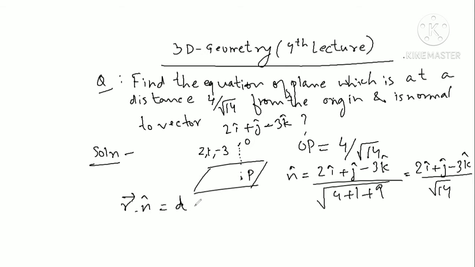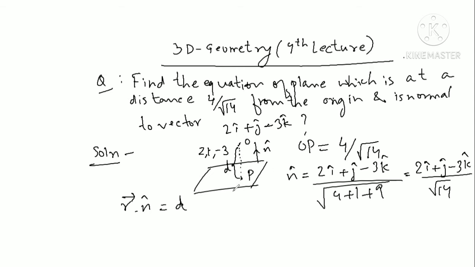Here n cap is the unit vector which is perpendicular to the plane, and d is the distance of origin from the plane. So if this point is O and we have the foot of perpendicular as P, then the perpendicular distance of plane from origin is d.